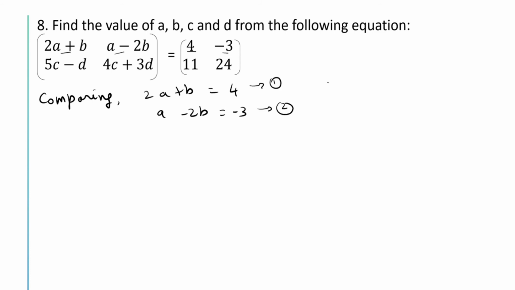Let us mark these as equations 1 and 2. Then comparing the elements in the second row, 5c minus 3d is equal to 11 and 4c plus 3d is equal to 24. Let us mark these as equations 3 and 4. So first let us solve 1 and 2.